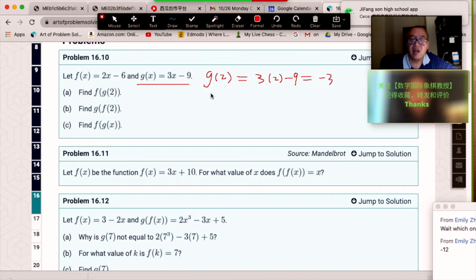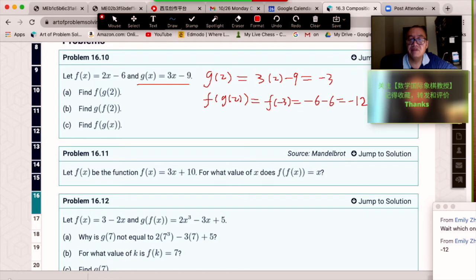Then you calculate f(g(2)). So this equals f(negative 3). So you plug x equals negative 3 into this equation. You can see here that's negative 6 minus 6. So you got negative 12.